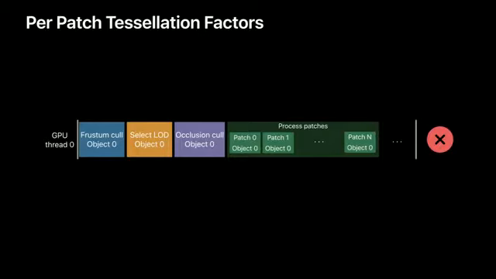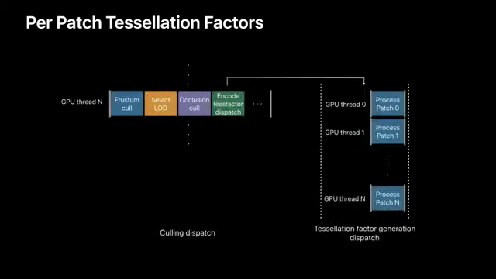But that's not really an efficient thing to do because generating tessellation factors is also a parallelizable operation by itself. So the efficient thing would be to distribute this operation across multiple threads so that all patches are processed in parallel. That is, each thread of the culling compute dispatch that is processing an object can encode compute dispatches for tessellation factor generation, and those dispatches can be executed in another compute pass, parallelizing the operation.